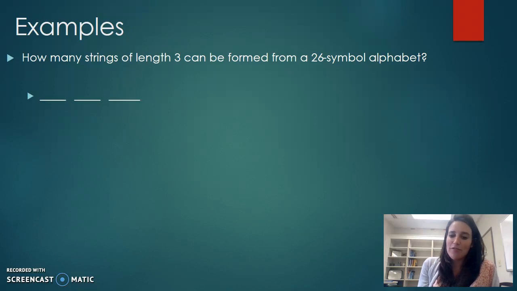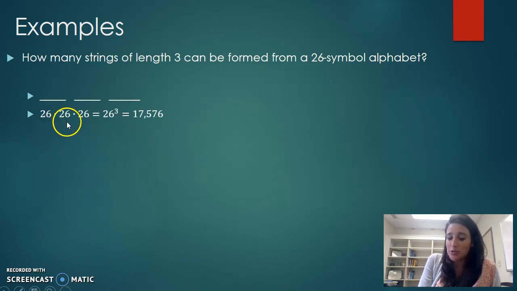A 26-symbol alphabet is like the English alphabet, and we can choose any one of the 26 letters to go in blank 1, any one of the 26 letters to go in blank 2, and any one of the 26 letters to go into blank 3. So 26 options times 26 options times 26 options. If we multiply those numbers together, we'll get 17,576 total choices for strings of length 3.